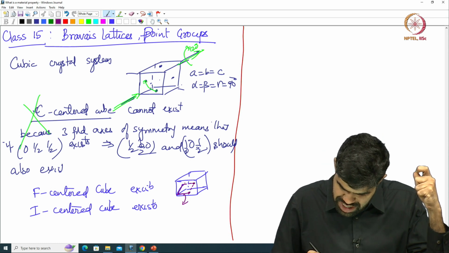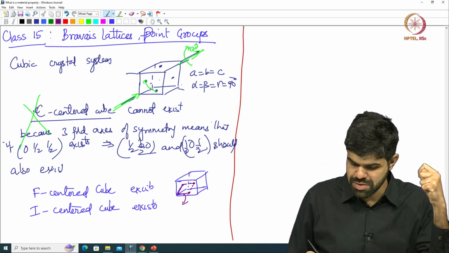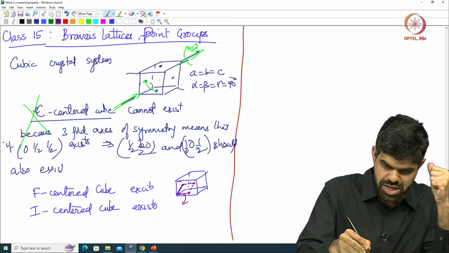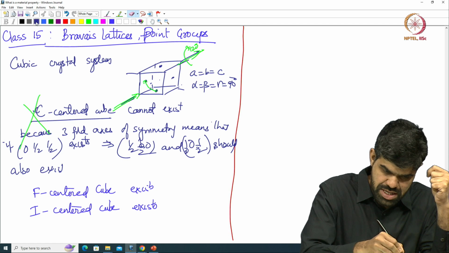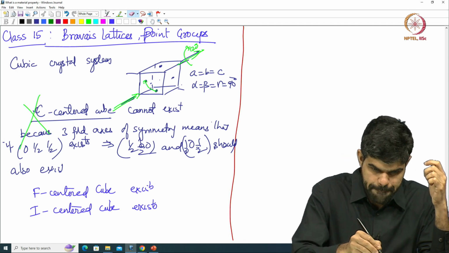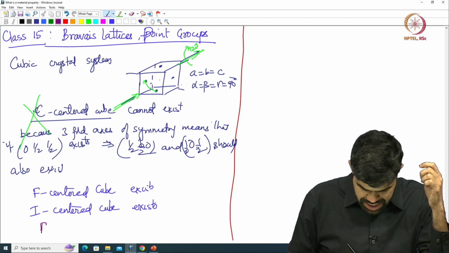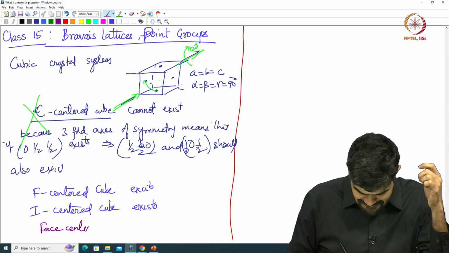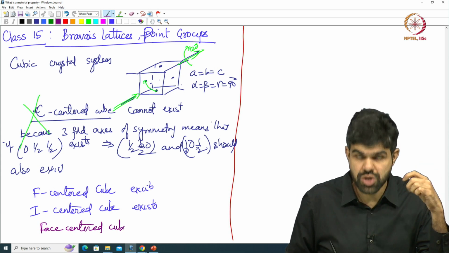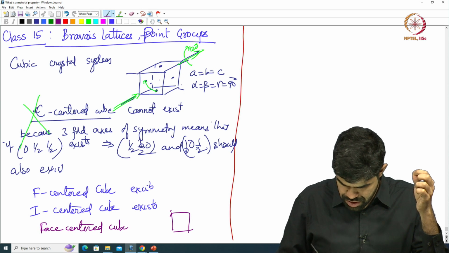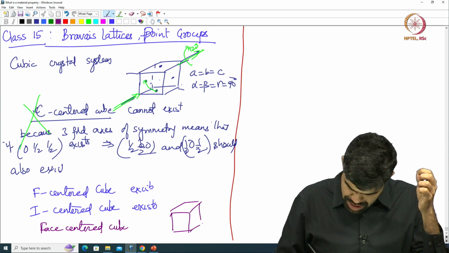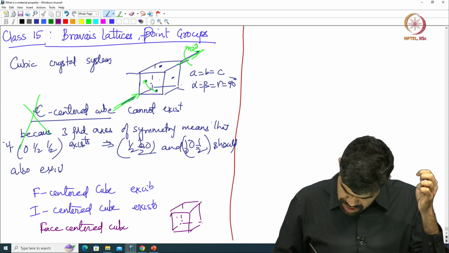So, I have to take the third face center and draw a corresponding one. This is an exercise you would have done in so many other courses, where you take a face centered cube and join all the face centers with the corner. I will try to do that, but I am not very good at drawing. And then I have another face center here.